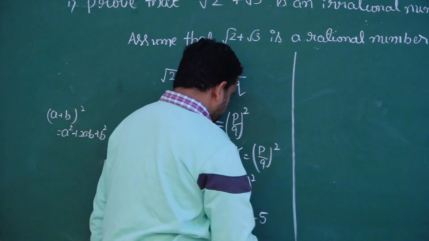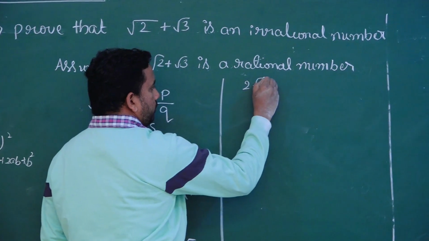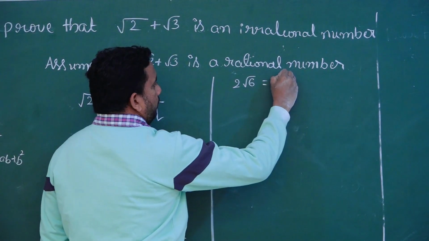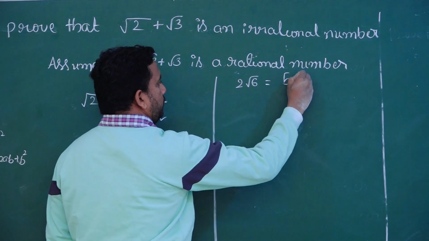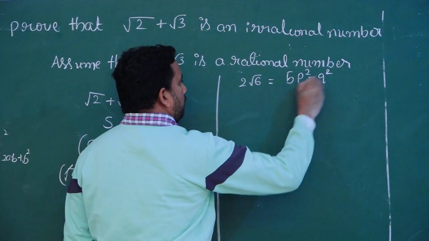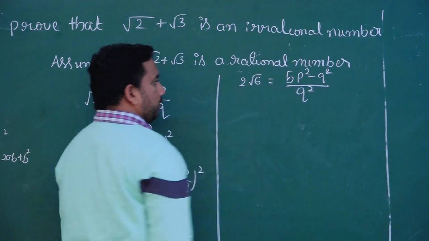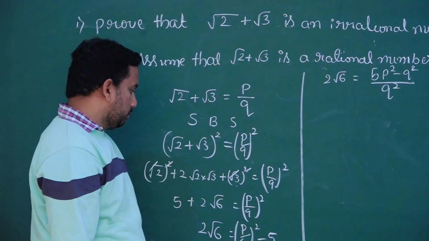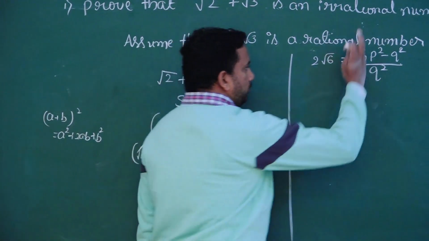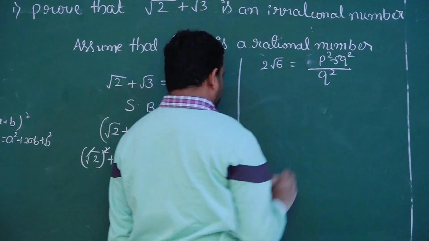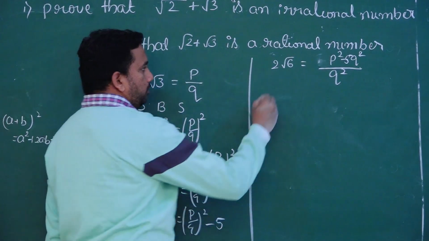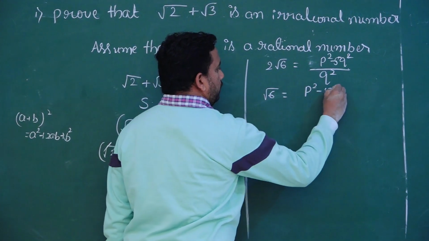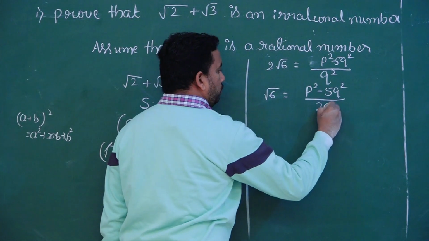So 2 root 6 is equal to (p square minus 5q square) divided by q square. Cross multiplying, the 2 comes to the denominator, so root 6 is equal to (p square minus 5q square) divided by 2q square.